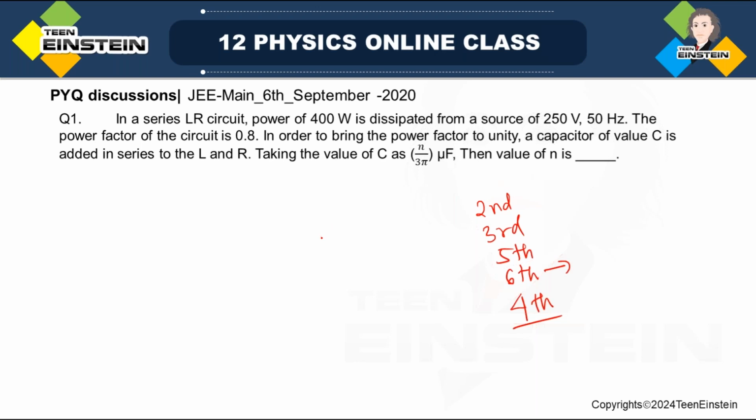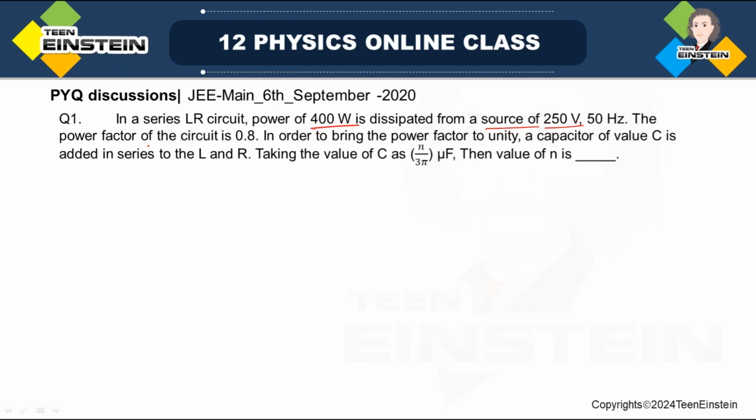So this is a problem from the 6th September second shift paper. The question says, in an LR circuit, power of 400 W is dissipated from a source of 250 volt and 50 hertz frequency.